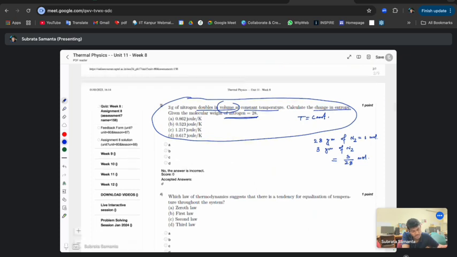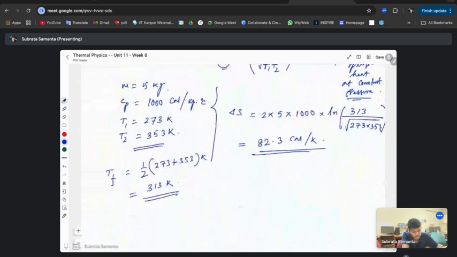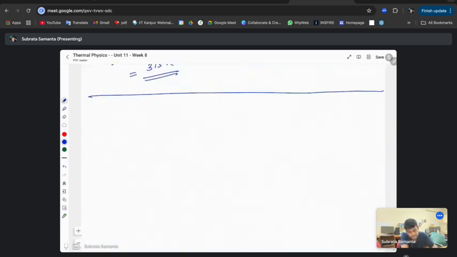If you write this down, you know that dU, the change in internal energy, is basically TdS minus PdV, right? And dU equals CV dT.